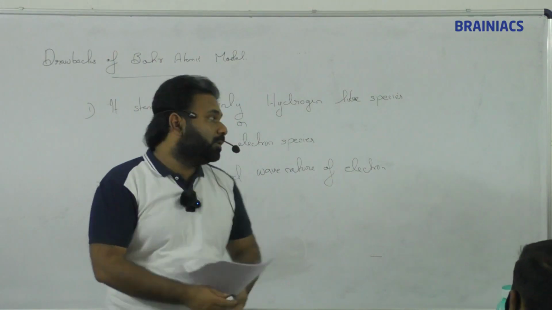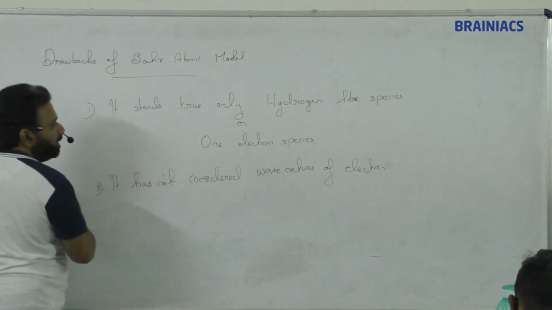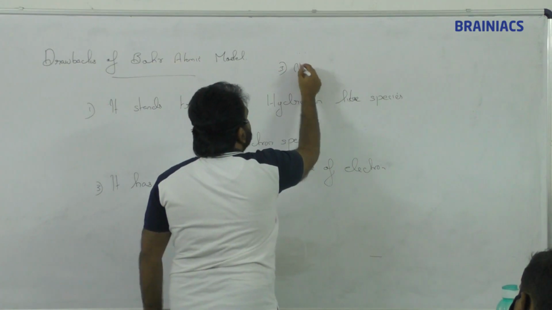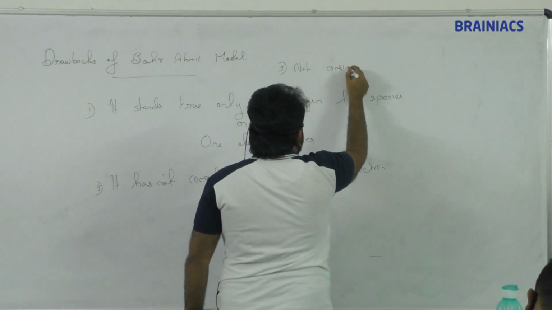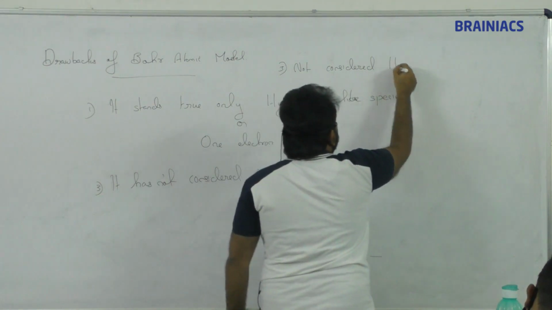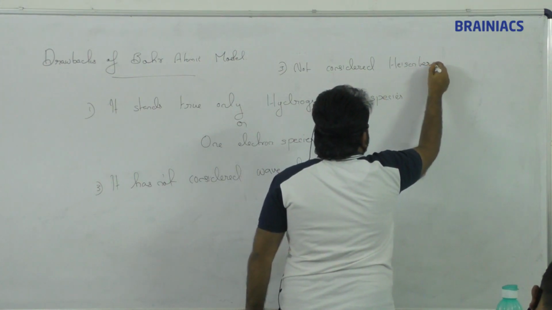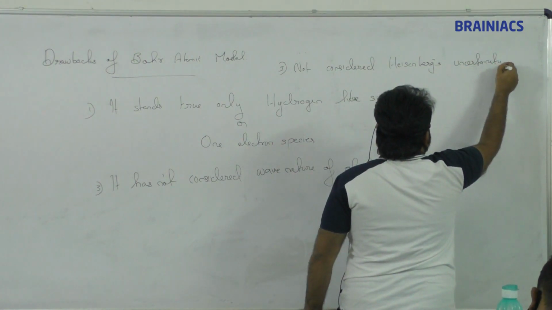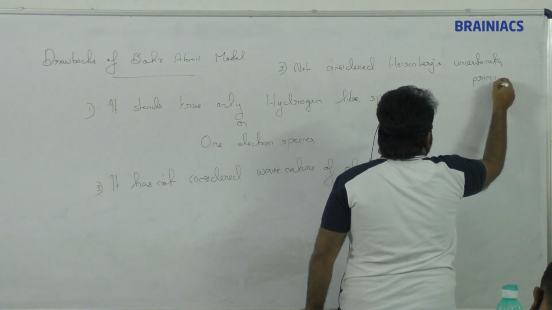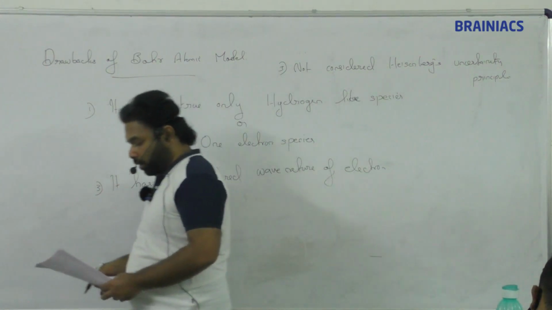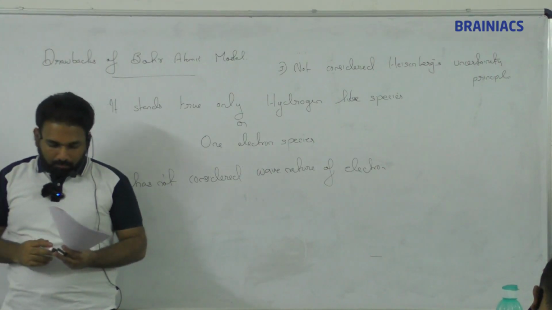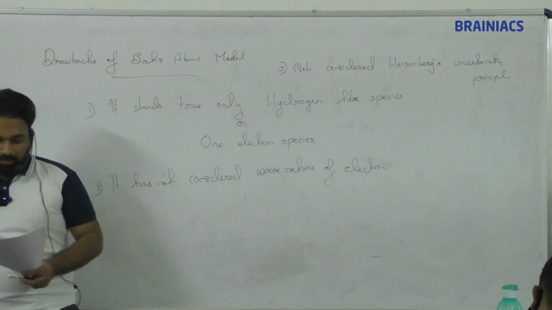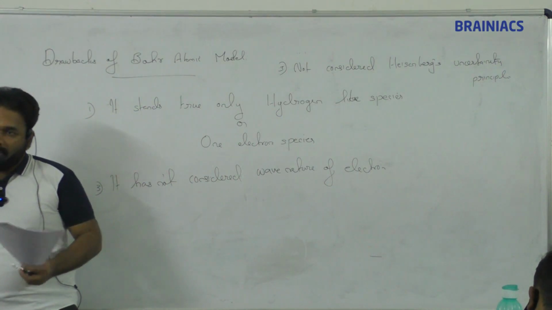So here he has not considered Heisenberg's uncertainty principle. This is one drawback. The position of the electron is nothing but the radius. The momentum of the electron is through velocity, mv, right?